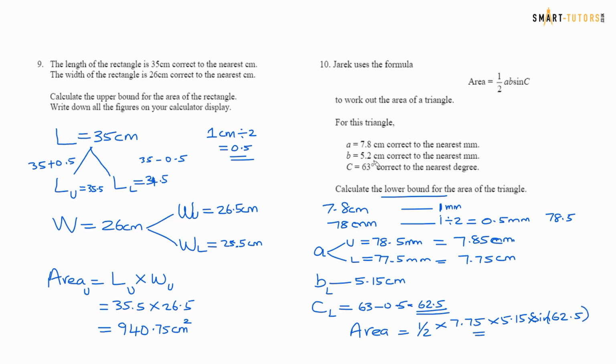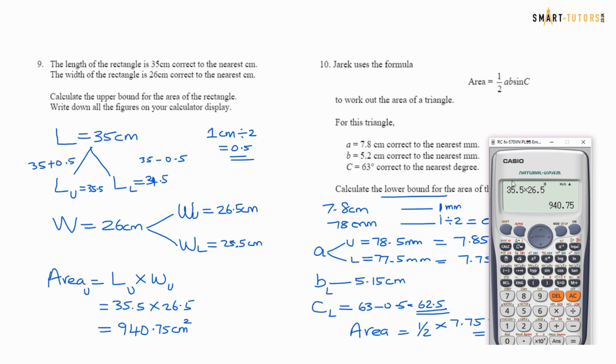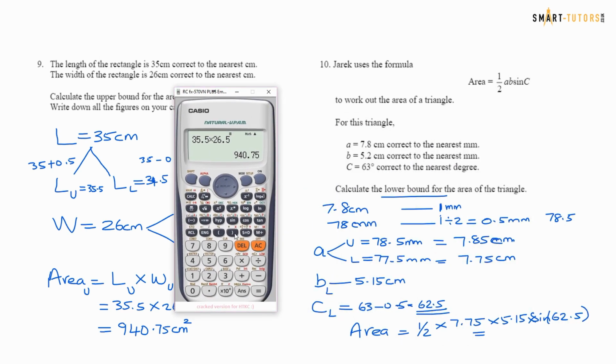If you press the calculator, you will get the full answer. Half means 0.5 times 7.75 times 5.15 times sine 62.5, bracket close and enter, and 17.7014.